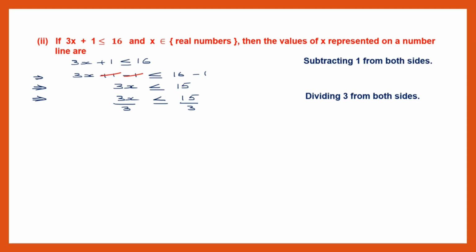Here I can cancel this 3 and this 3. I have only x. Here I can cancel and I can get 5. So now we know that x is less than or equal to 5.